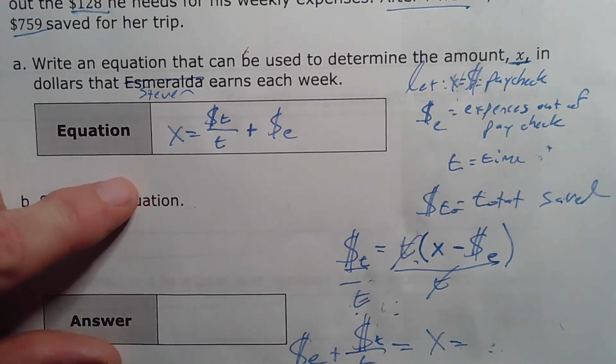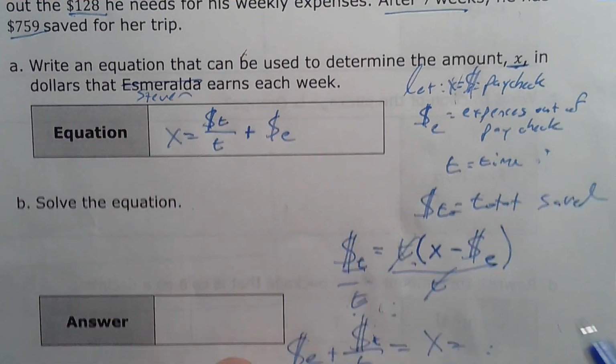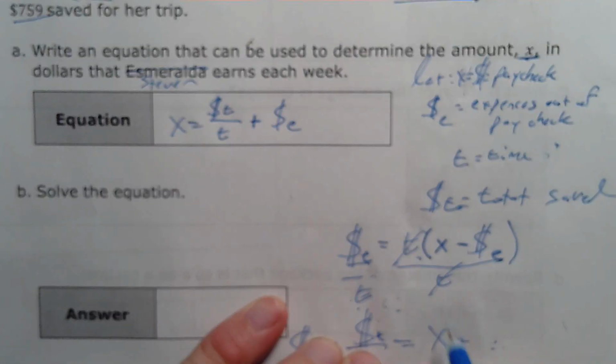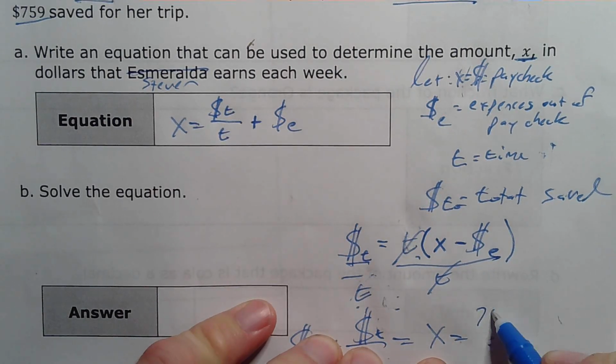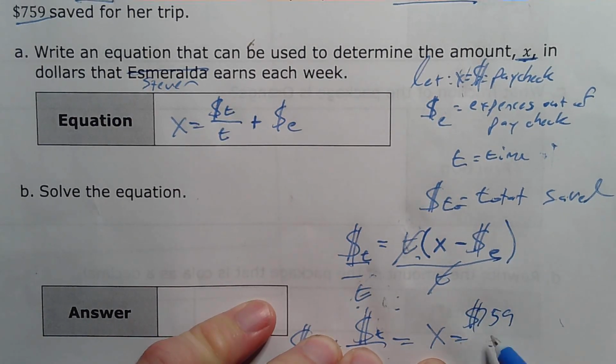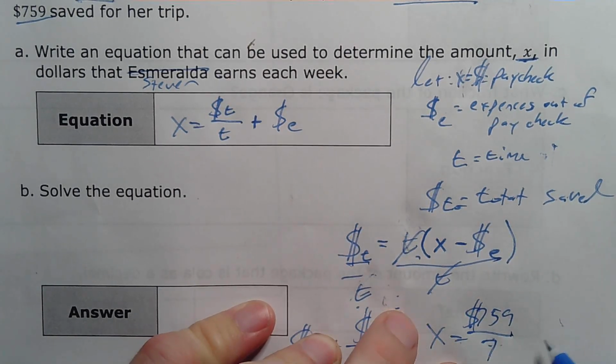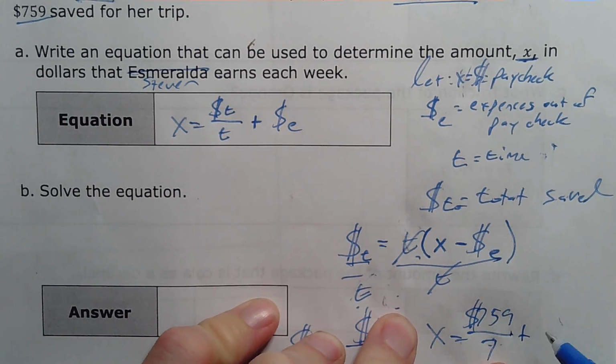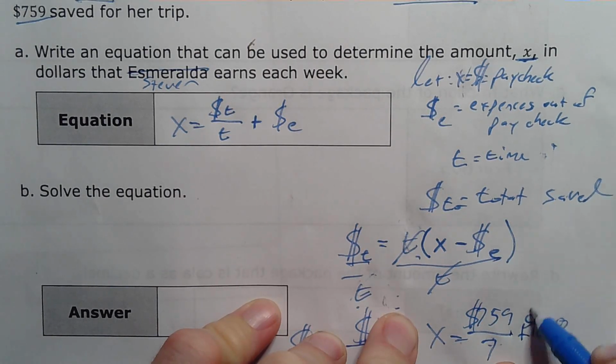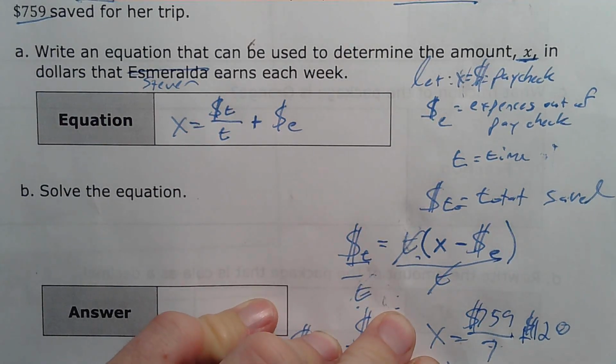All right, so we're going to do this. We'll put in $759 divided by 7 plus $128. So 759 divided by 7 ends up to be 108.42.